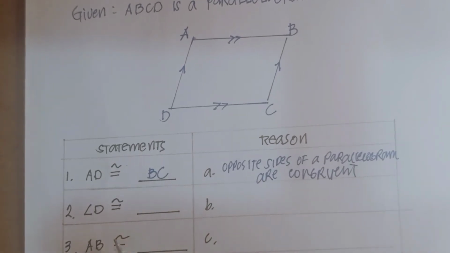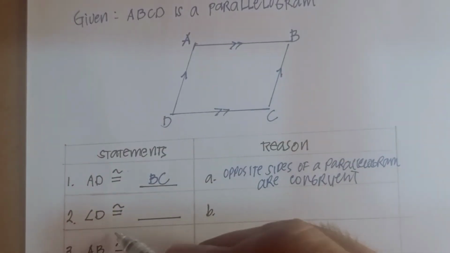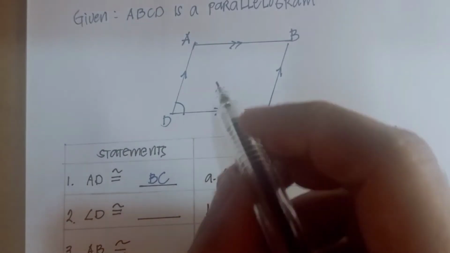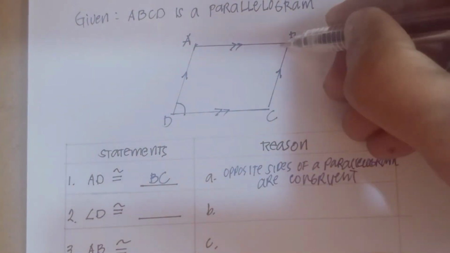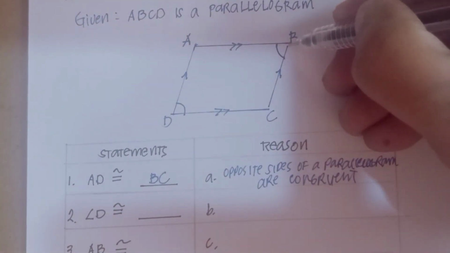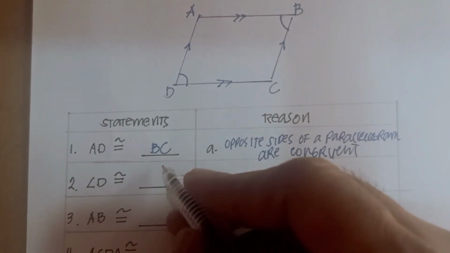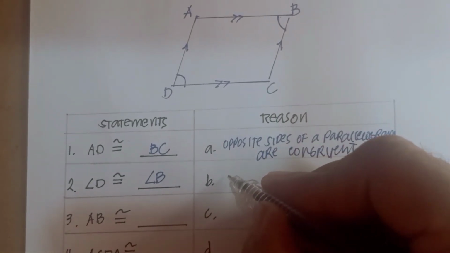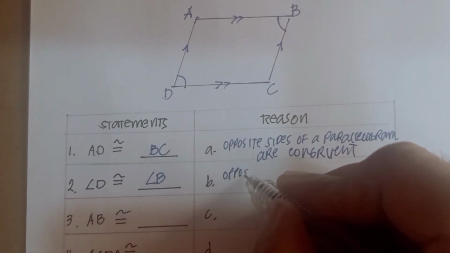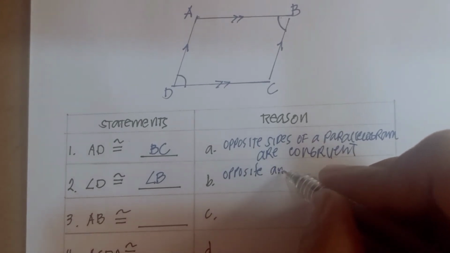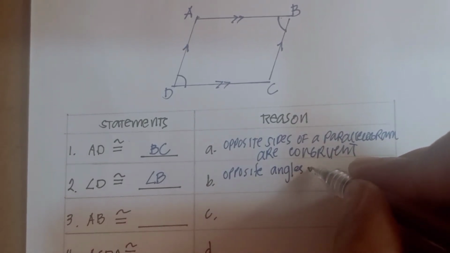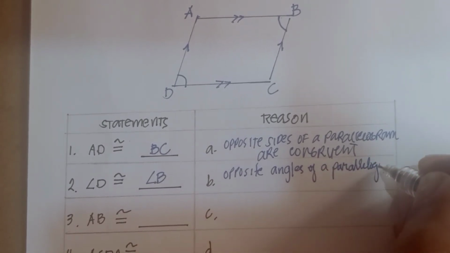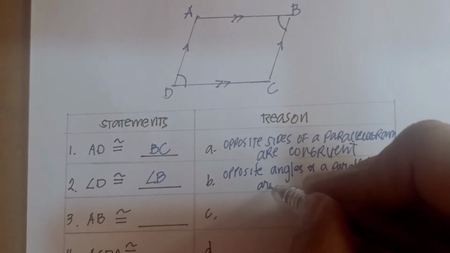Okay, tanda tayo sa number 2. Angle D is right here. Angle D is congruent. Diba? Opposite sides are congruent. Opposite angles are congruent. Which means angle B is congruent to angle D. So, ang sagot natin dito will be angle B. Reason natin, opposite angles of a parallelogram are congruent.